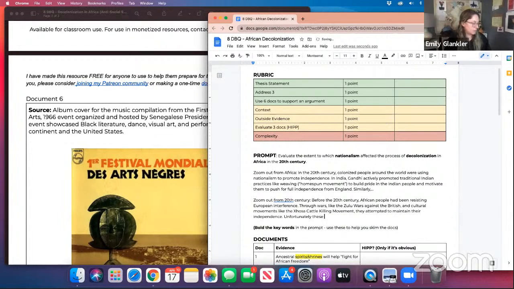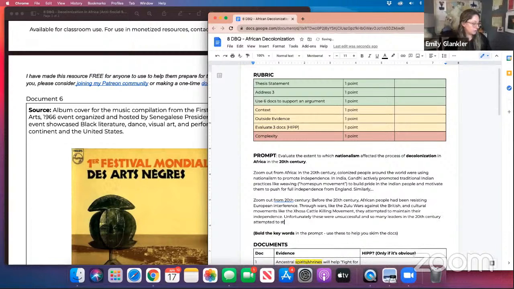Unfortunately, these were unsuccessful. And so many leaders in the 20th century attempted to strengthen resistance by appealing to nationalism. So again, you always want to connect it back to whatever you're about to talk about, right? So these are two different examples of what context could be.